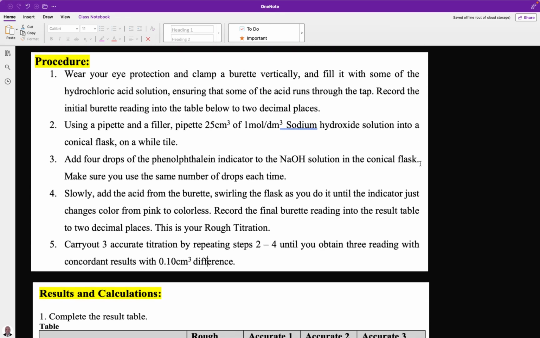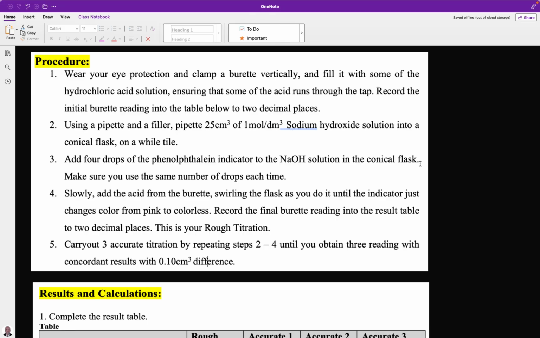The first thing you do is wear your eye protection and clamp a burette vertically and fill it with some of the hydrochloric acid solution, ensuring that some of the acid runs through the tap.